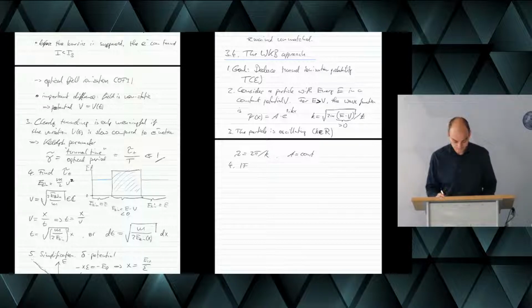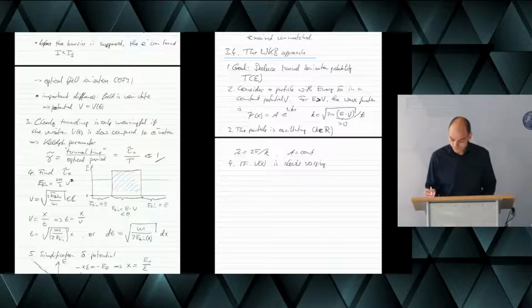If V of x is slowly varying, then the solution should keep its general form, but A becomes dependent on x, and so does K. This is the central idea.